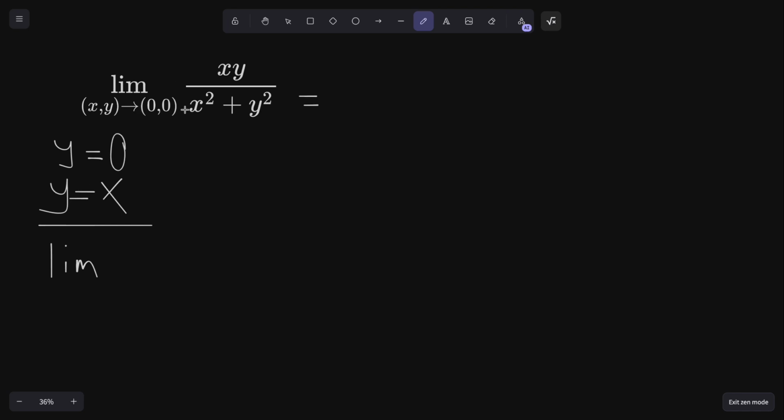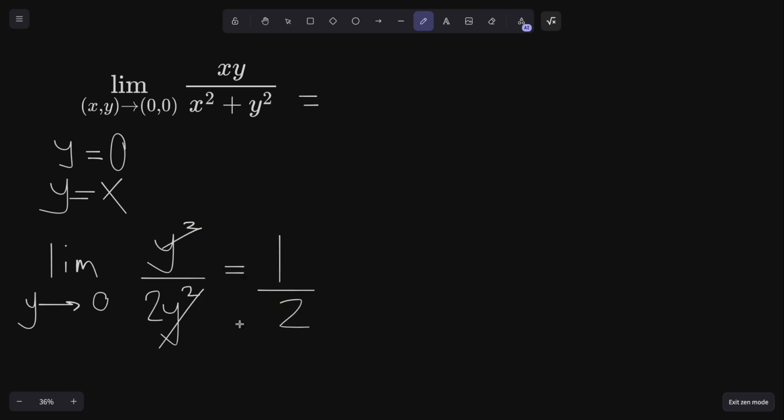Let's just substitute y in everywhere we see x. So this is going to be the limit as y approaches 0 of y squared divided by y squared plus y squared, or 2y squared. The y squareds cancel out, so you get 1/2.